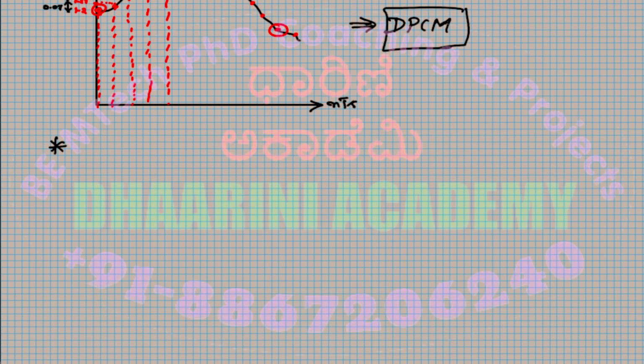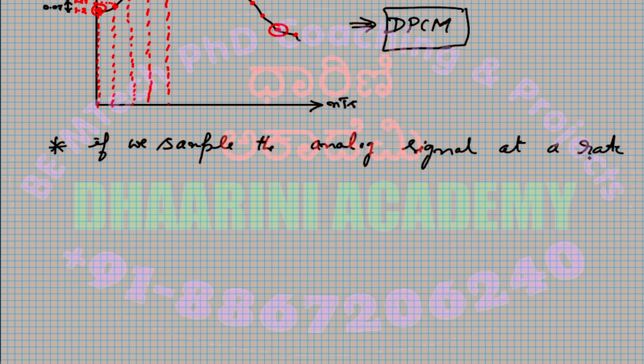Just remember these two graphs so that you can compare the points. But anyway, I'm going to write a few points over here. Let me assume that we sample any analog signal you consider at a rate much higher than the Nyquist rate.